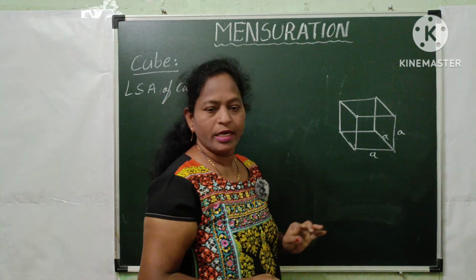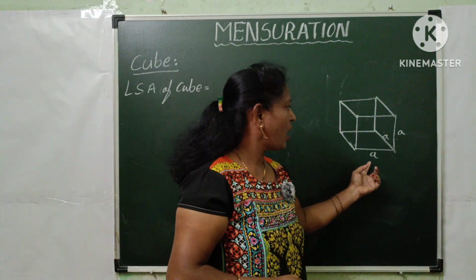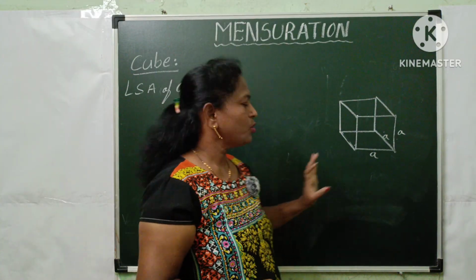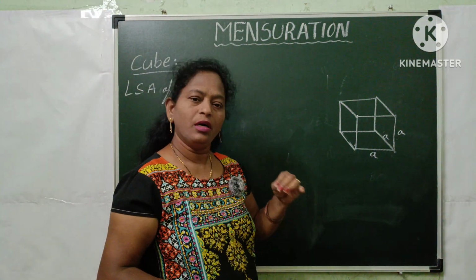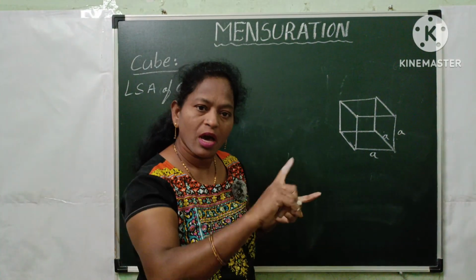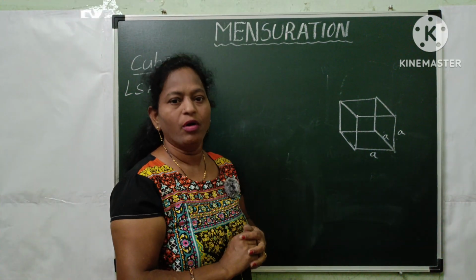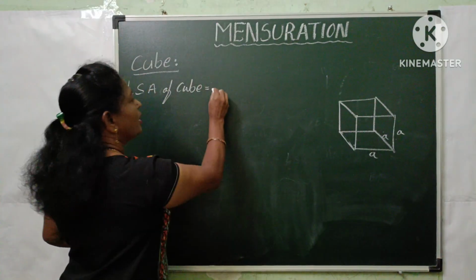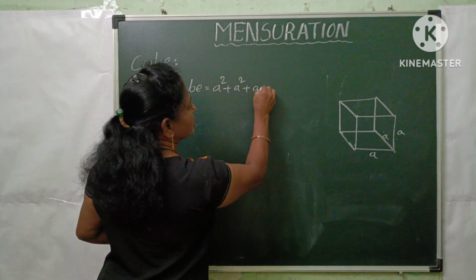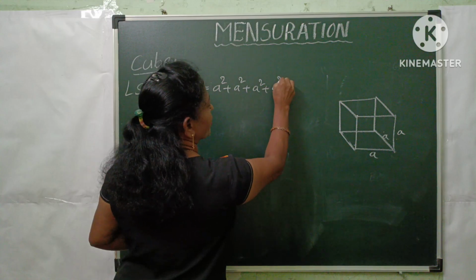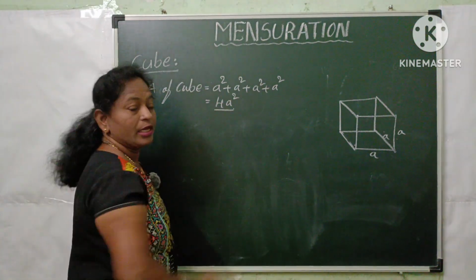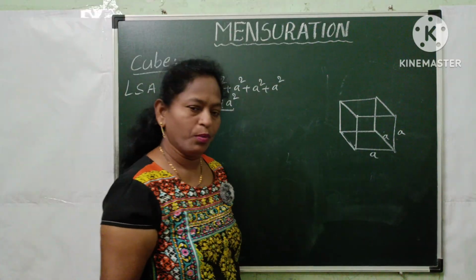Why? Because side into side. Side is A and here side also A. All sides are equal, so the area of this square is A square. How many walls? 4. That means A square plus A square plus A square plus A square. Total it has 4A square. This is the LSA of cube.